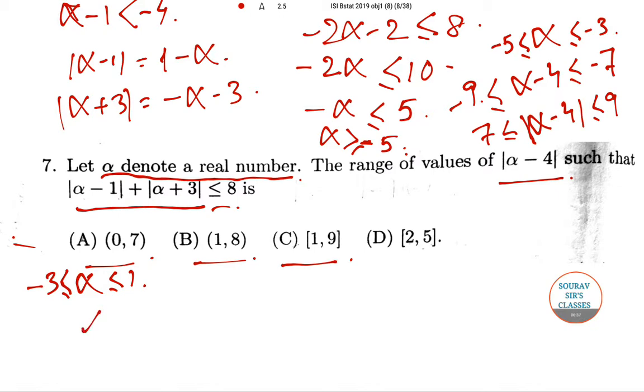So alpha plus 3 is greater than or equal to 0.